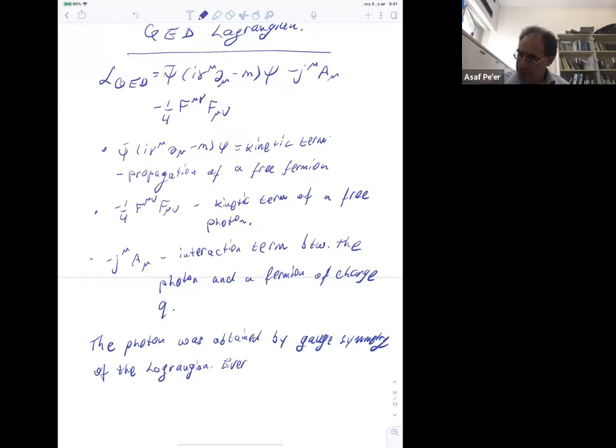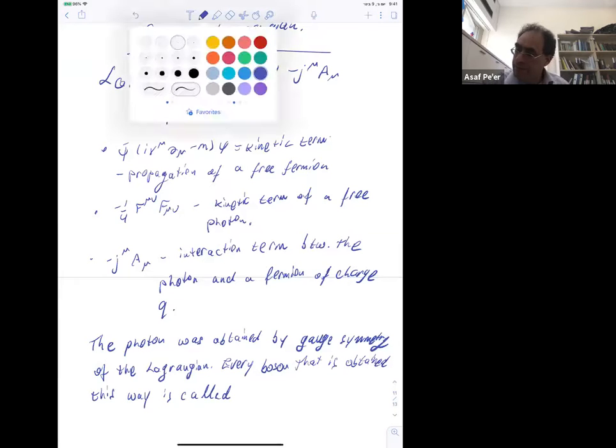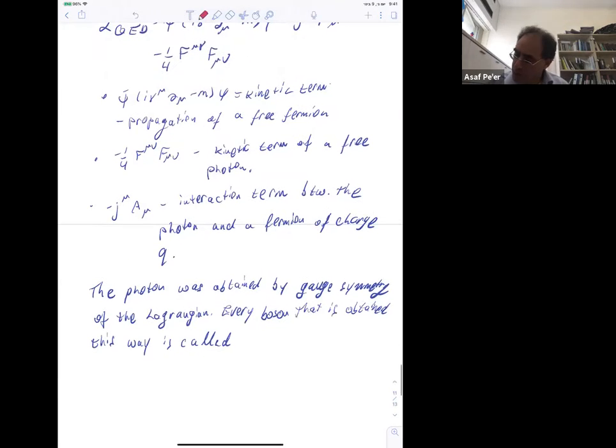Every boson that is obtained this way is called a gauge boson.